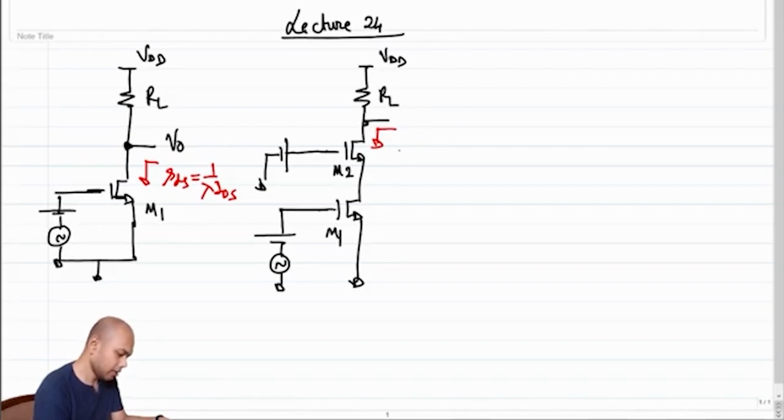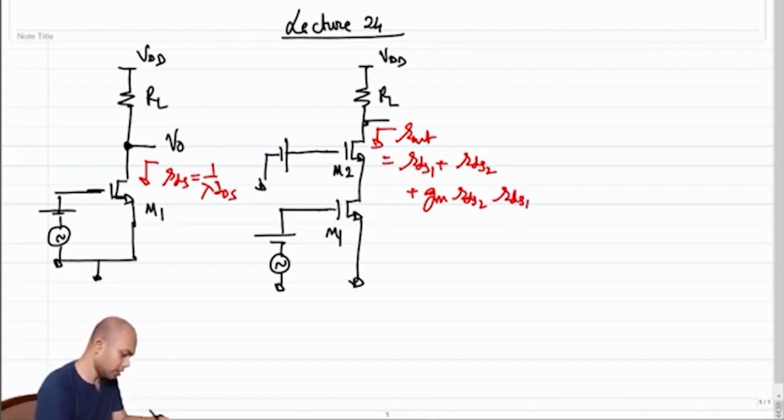Here it helped by increasing the Rout from RDS to approximately, let's write the full blown expression, then we'll do the approximate: from RDS to RDS1 plus RDS2 plus gm RDS2 times RDS1. So what were these RDSs? Let's sketch that also.